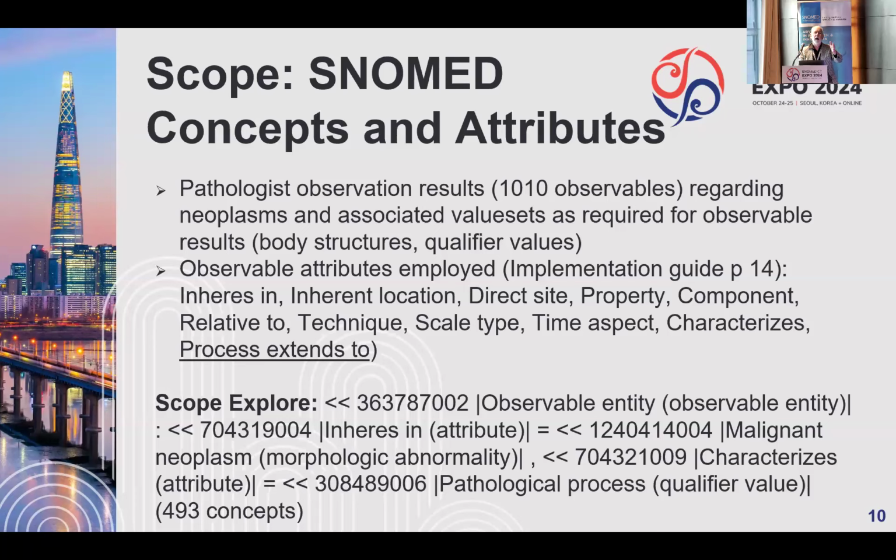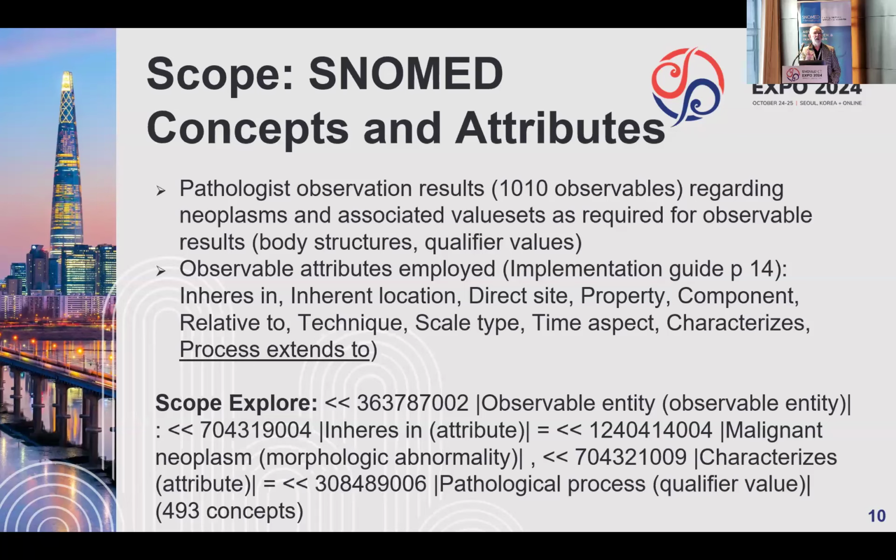It's basically the independent continuant, something that exists in time and space and has an existence, that is included. Otherwise, direct site, property, component, you've seen. Relative to is used for denominators when those are necessary. Scale type, technique, time aspect, Stan referred to all of those.